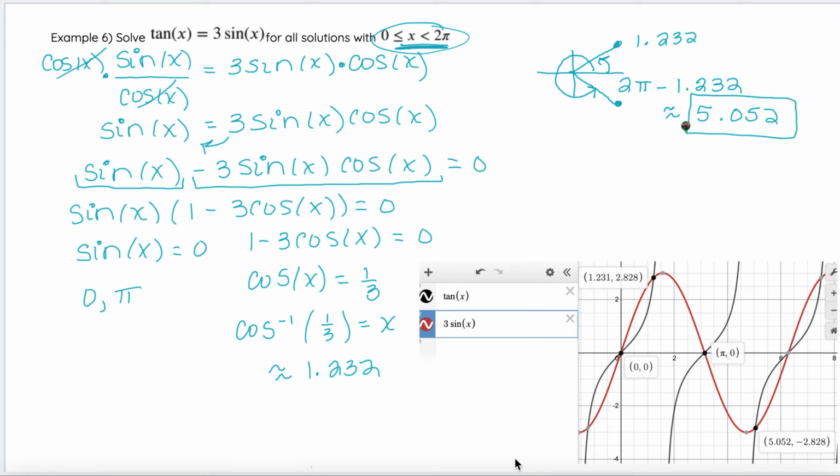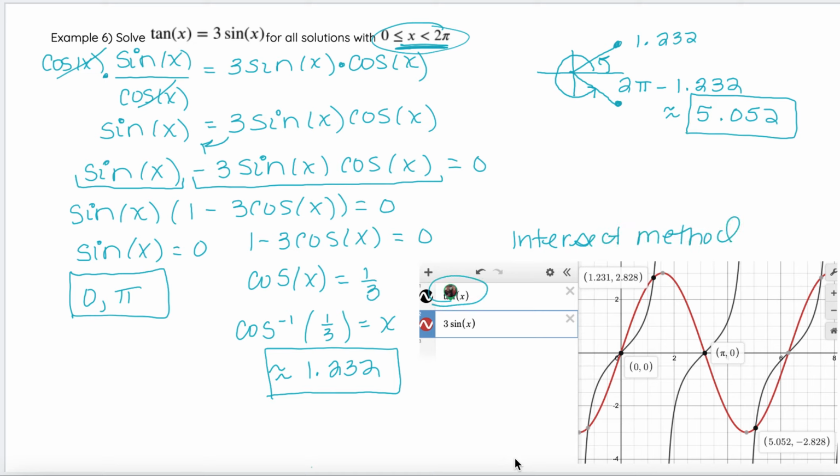So we've got four solutions, some nice neat pi radians and some other decimal versions. I also used the intersect method here, where I set tangent equal to one line, which was the left, and 3 sine of x, which was equal to the right, and found where they intersected each other at 0, at 1.231 or 232, depending upon how you're rounding, at pi, and down here at 5.052.